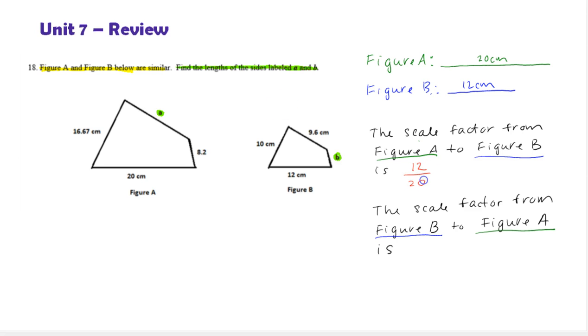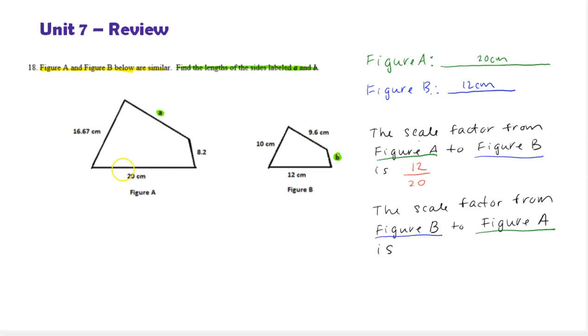Now this is the reverse of when we found how many times as large A is compared to B, where we wrote these in the reverse order. So I just want to bring that to your attention. What I look for is I'm noticing this is a bigger number, this is a smaller number. I'm scaling to something smaller, so that means I'm going to have a proper fraction.